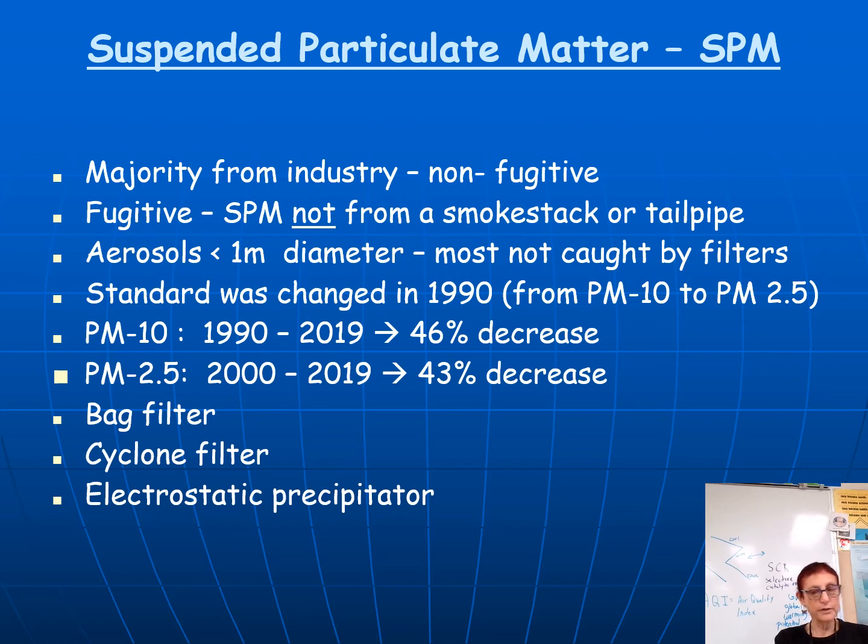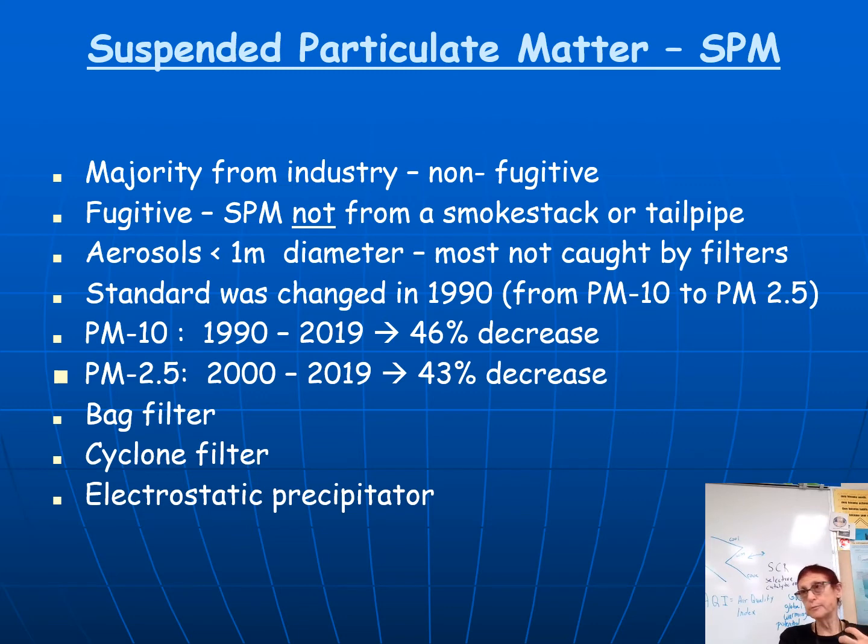Even though a lot of those filters are exceptionally effective at taking out those 2.5 and 2 micron particulate matters, they're not so effective at taking out aerosols. And aerosols are classified as anything that's less than 1 micron in diameter. Most of those are not caught by filters, and most of those are what would do the most damage.